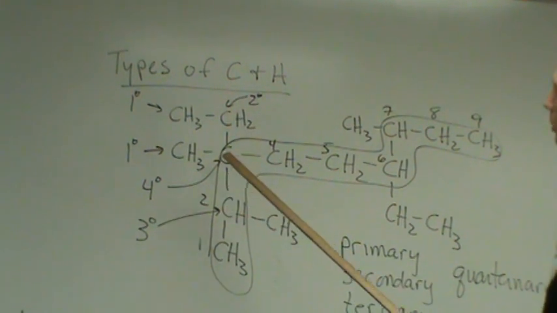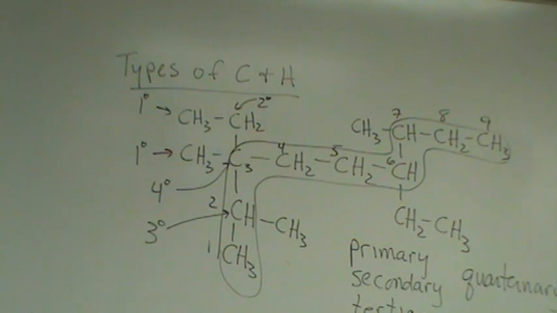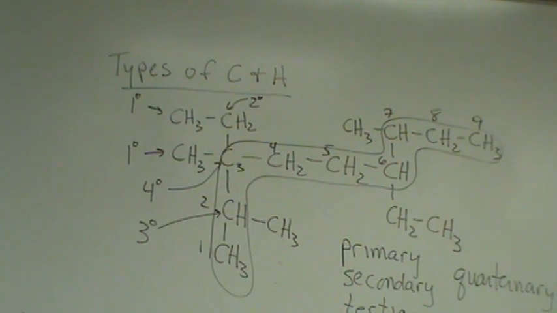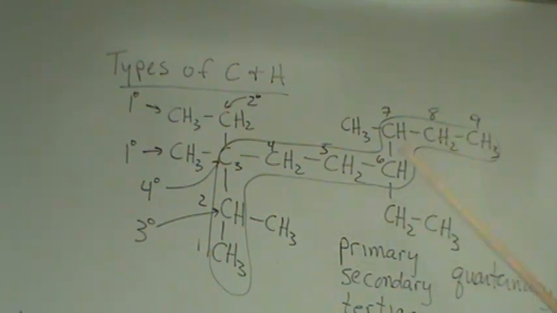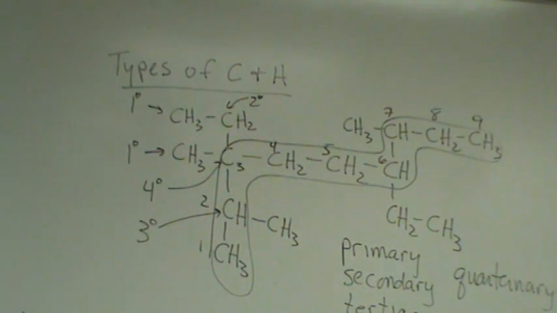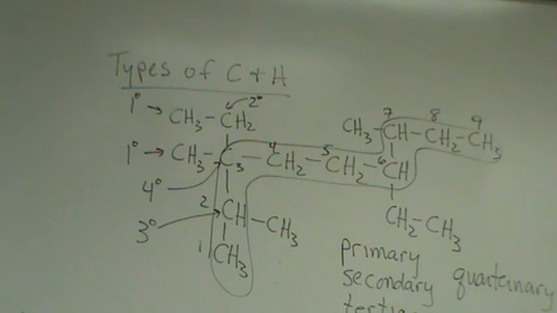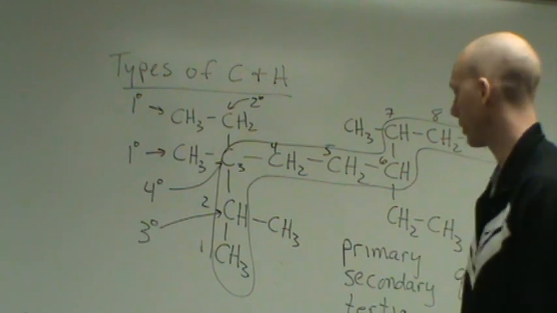If I draw a molecule, something like this, I might say, tell me the total number of primary carbons in the molecule, and you count them up. Or I might say, tell me the total number of secondary hydrogens in the molecule. Well, start counting them up. Okay. Let me give you one other question on this.